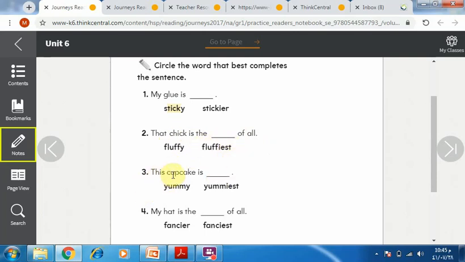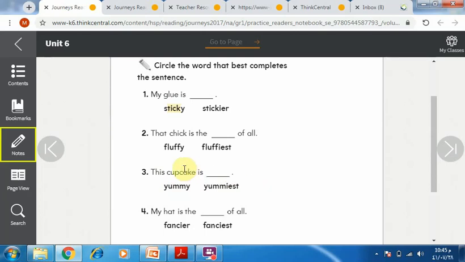Number 3. This cupcake is yummy or yummiest. You think, can you tell me? Look for keywords. Do you have keywords? Do you have than? Do you have the? Okay, the answer is no. Am I comparing this cupcake to other cupcakes?